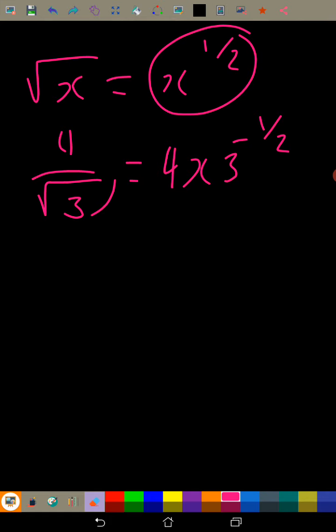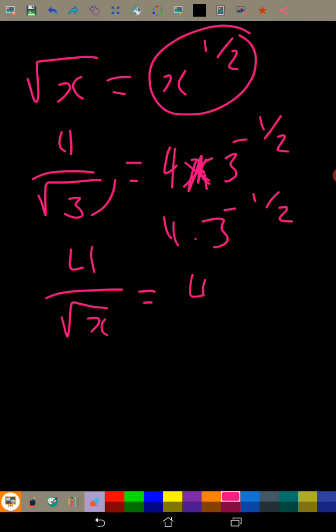And there is no x here, sorry. So there is no x, it's just this. So 4 times 3 to the power minus half. If there would be x, you'd have 4x to the power minus half. So that was just to check if you understand these things, and it's also a good check for me.